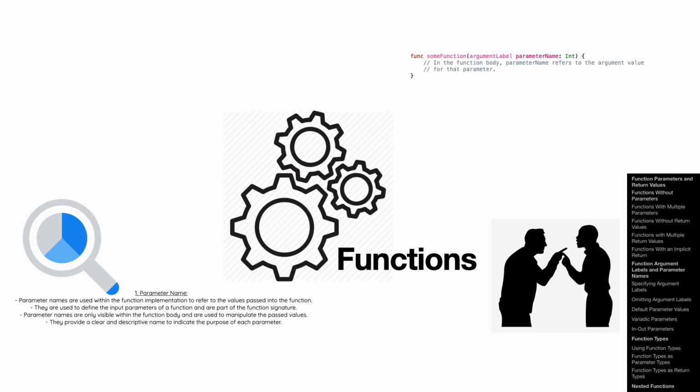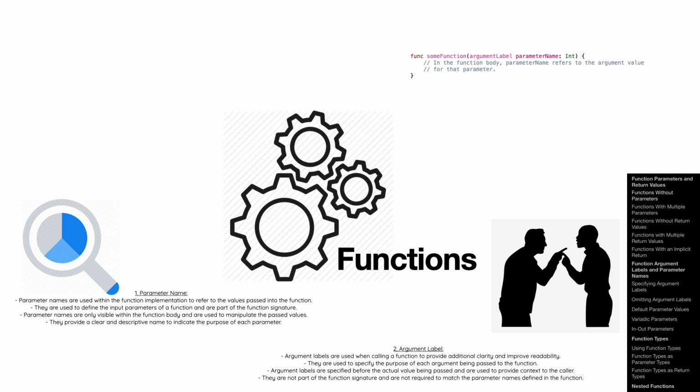Argument label. On the other hand, argument labels are used when calling a function to provide additional clarity and improve readability. They are used to specify the purpose of each argument being passed to the function.